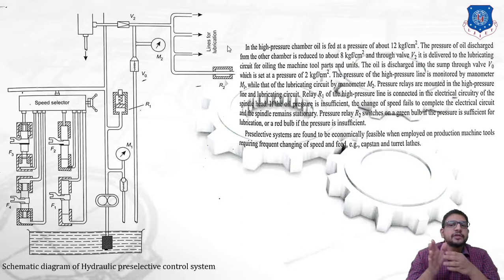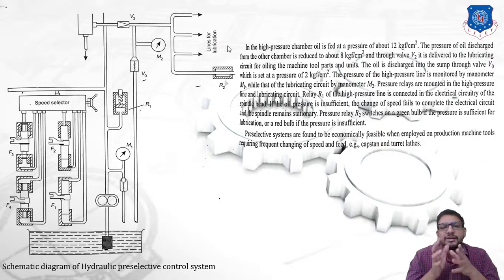If the oil pressure is insufficient, the change of speed fails to complete the electrical circuit and the spindle remains stationary. The working is very simple: if the oil pressure is insufficient to operate, then the change of speed will fail to complete the electrical circuit and the spindle will not be operated. Clear?